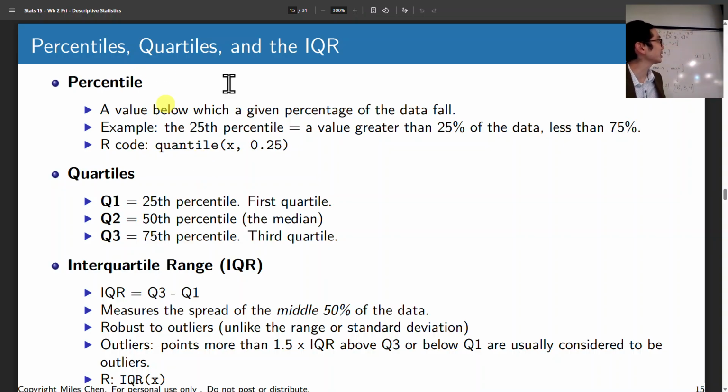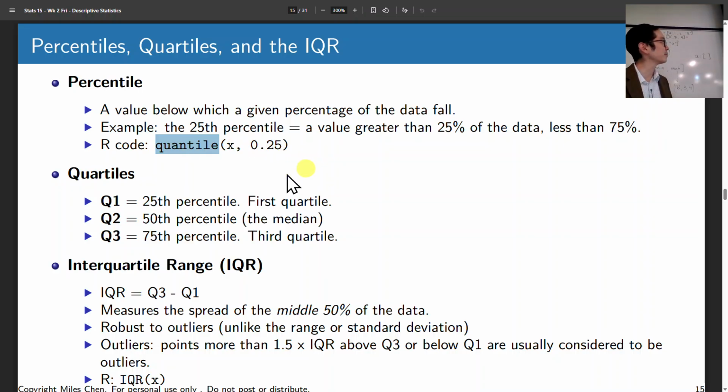So for the 25th percentile, it's just whatever percentage falls below that percentile. And you can figure this out in R.